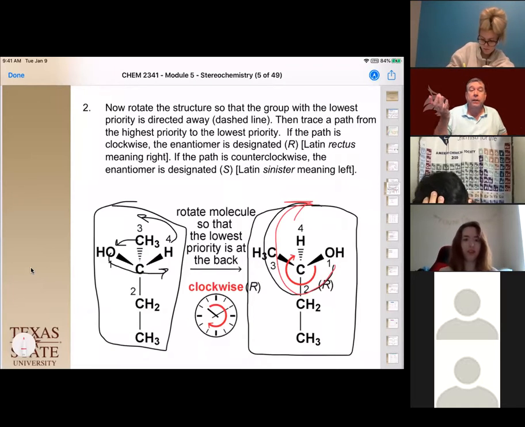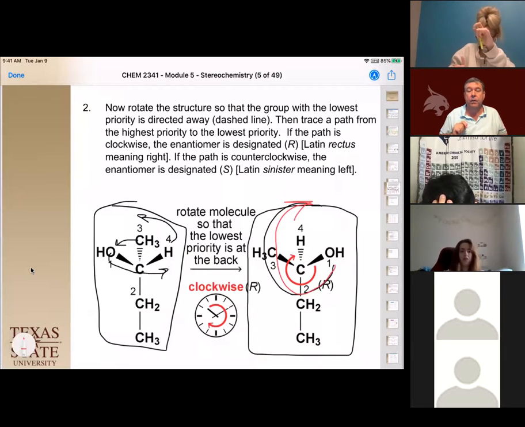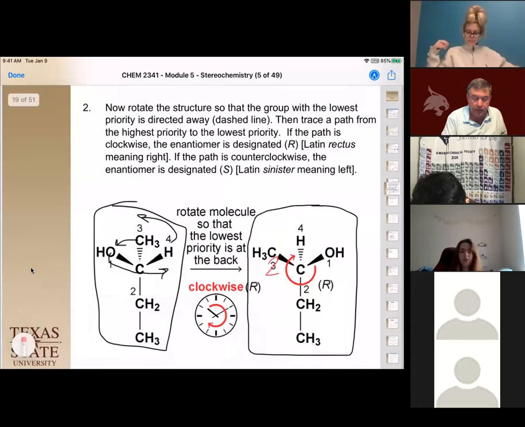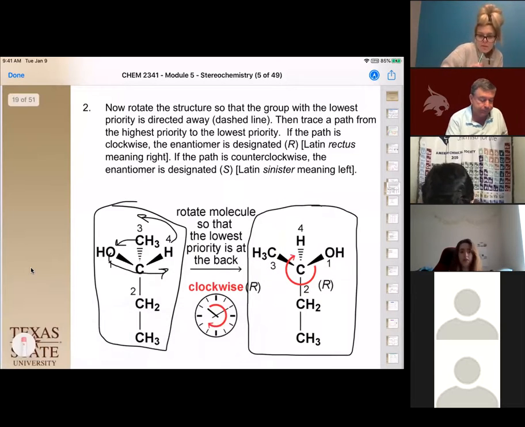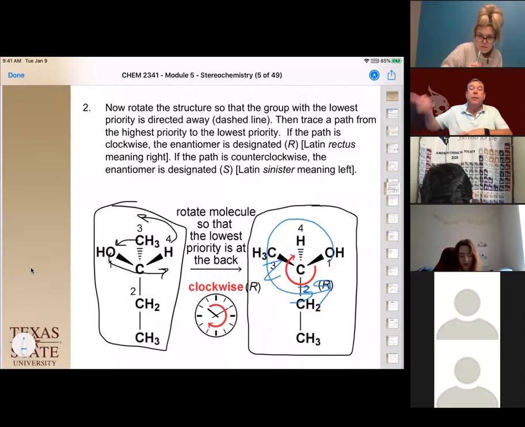So it's turning to the right, and therefore it's clockwise, therefore it's R. Now, if our priorities were going the other way, if this ended up being 2 and this was 3, we would be going 1, 2, 3 counterclockwise, and it would be S, from the Latin sinister, or left.